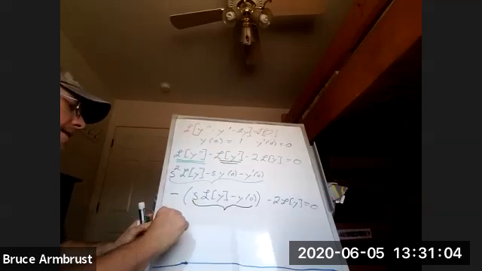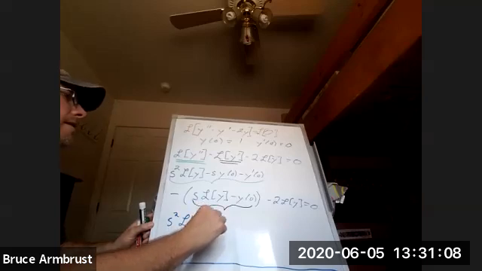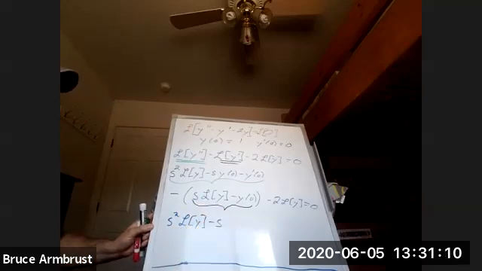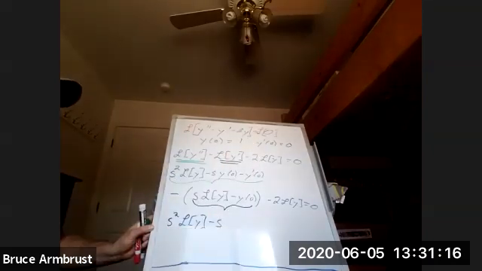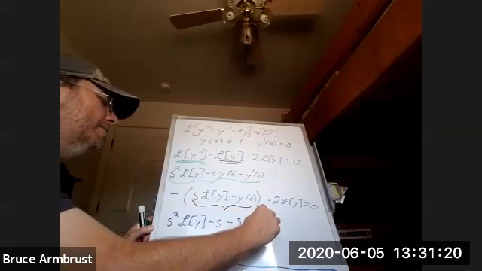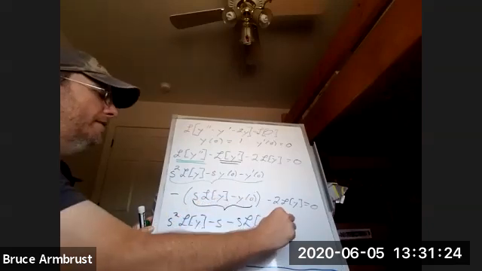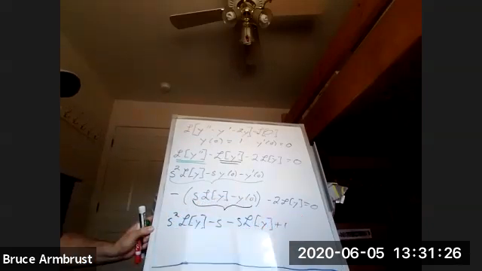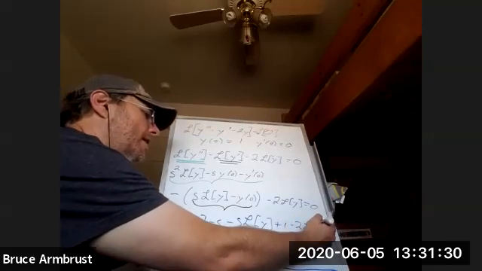So we're going to get s squared times the Laplace transform of y minus s, because y of 0 was 1. We're going to get minus 0, because y prime of 0 is 0. And we're going to get minus s times the Laplace transform of y plus y0, so plus 1, minus the 2 Laplace transforms of y.